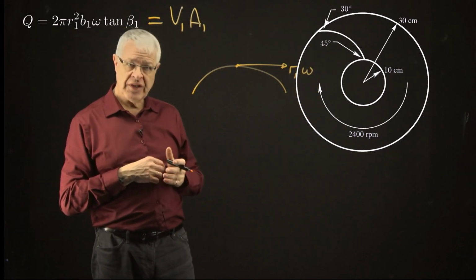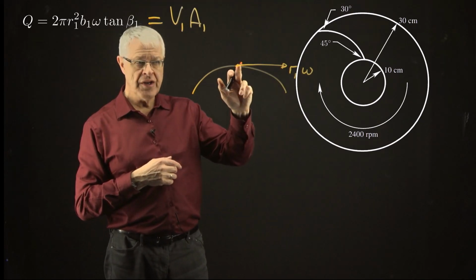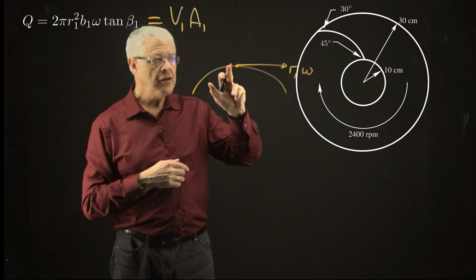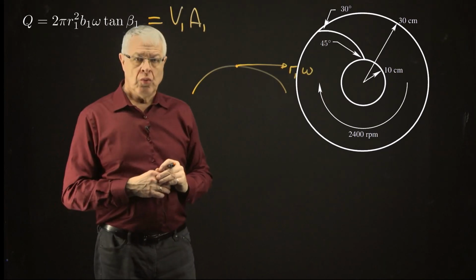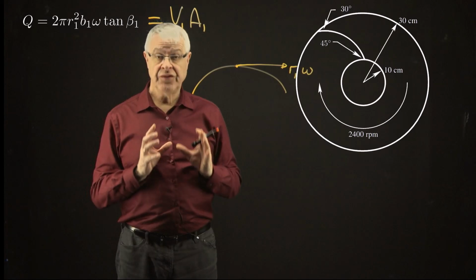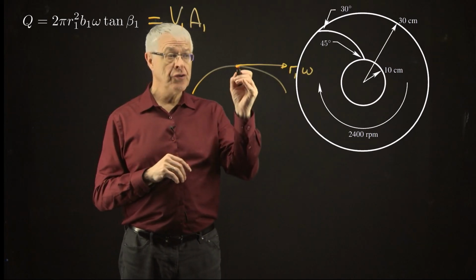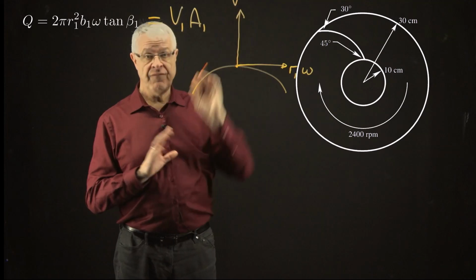Because the whole thing's rotating at an angular speed omega, distance from the origin is r1. So that point on the impeller is moving in that direction, r1 omega. Well, the velocity of the water entering the impeller relative to somebody stationary on the ground is in this direction. And I'll just call that V.